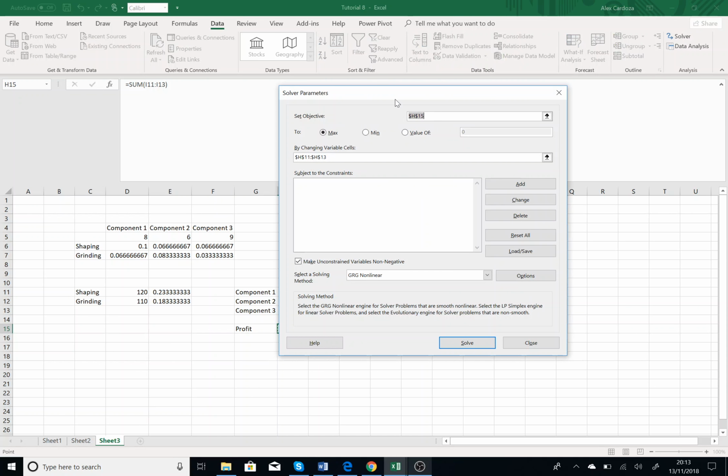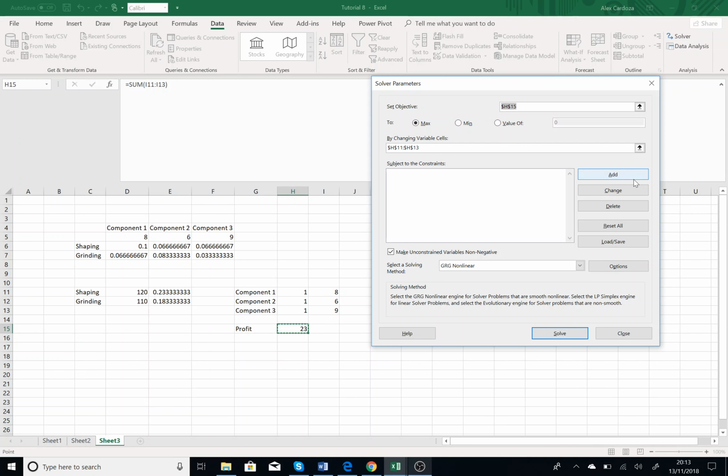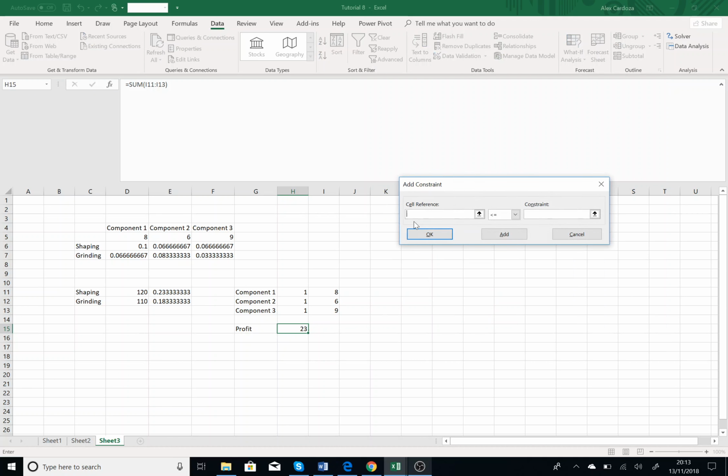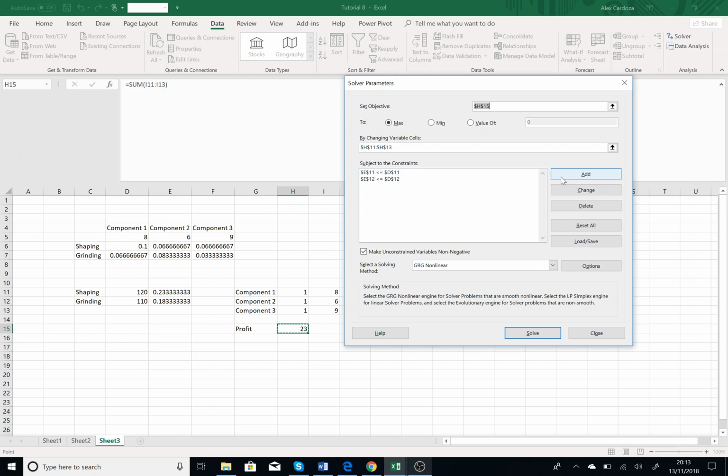So now we need to put the constraints in. Subject to constraints, cell reference, that must be less than that. Add. That must be less than that. Perfect. Add.